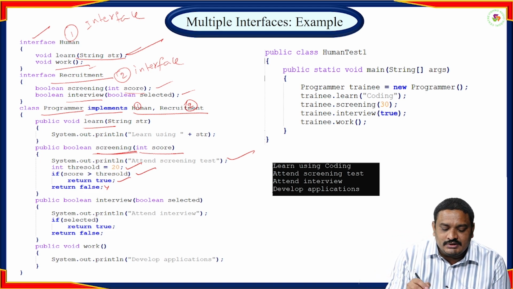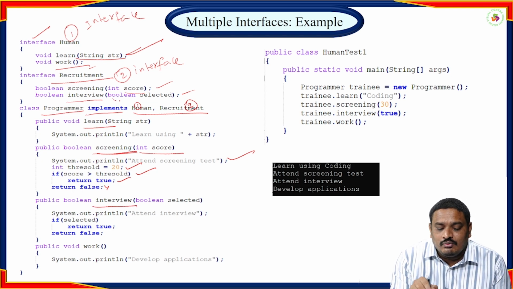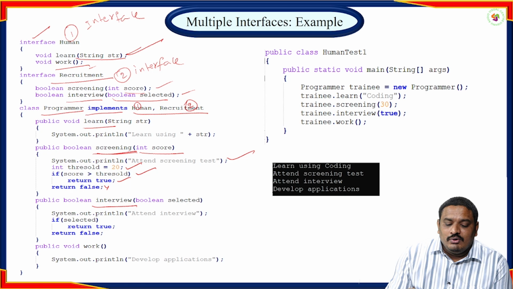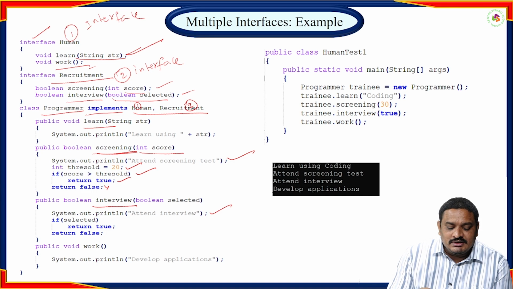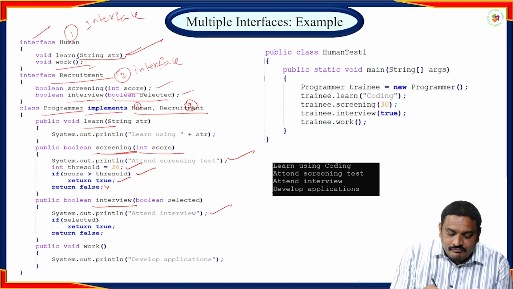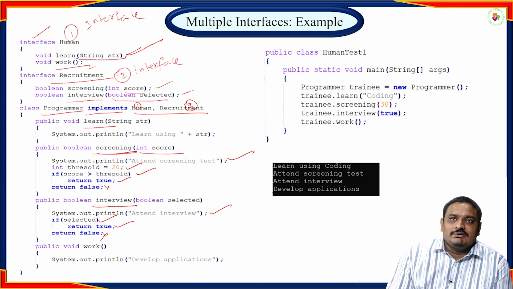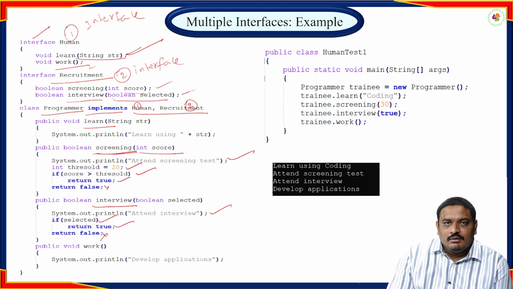Now the second method is the interview method. The interview method has the Boolean selected parameter. If we attend the interview, we have to assign one statement: if selected is true, otherwise false. That is another method.